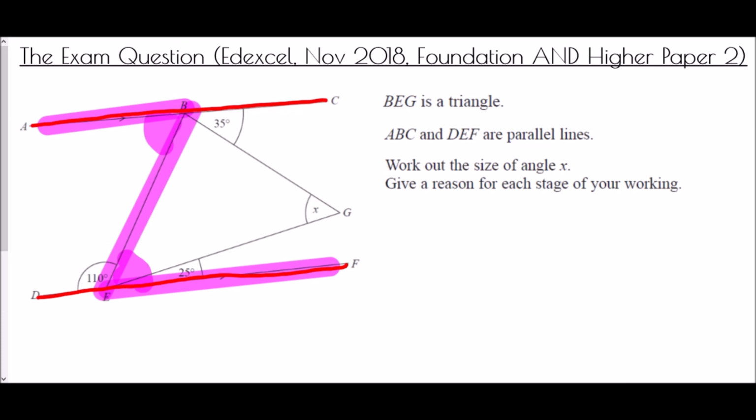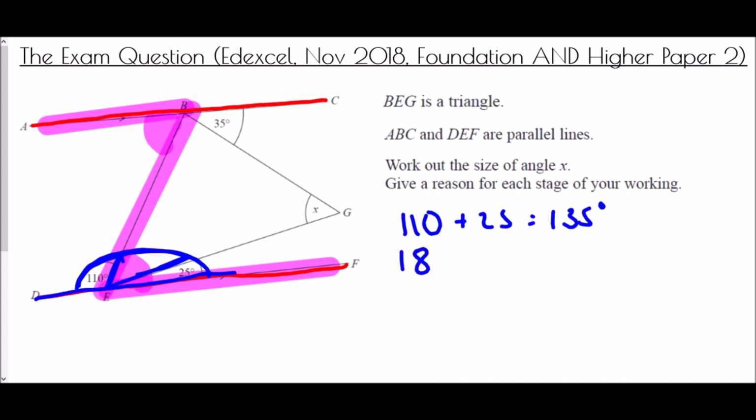So, how am I going to work out anything else from this question? Well, at the bottom here, it's a straight line. We were told, therefore, that this must make 180 degrees. The three angles which are forming the straight line must make 180. Therefore, 110 plus 25 is 135 degrees.